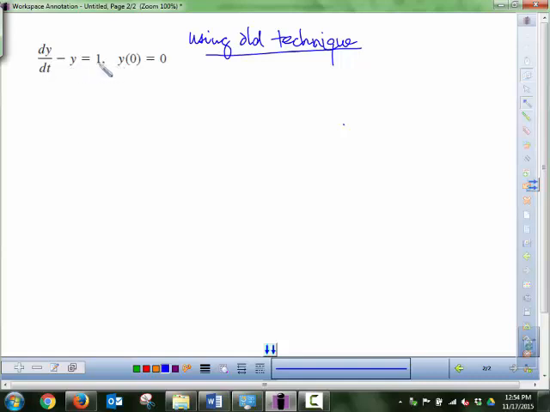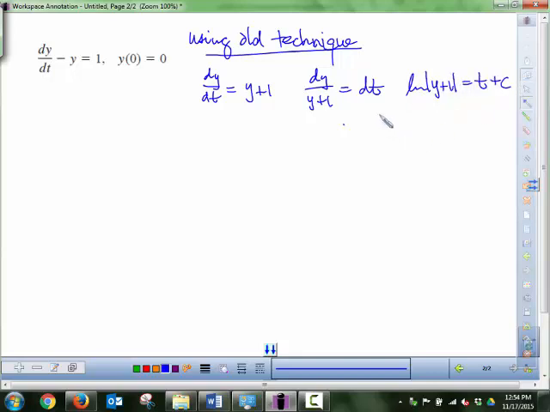I need to bring the y together: dy/dt is equal to y plus 1, and then I can separate it. dy divided by y plus 1 is equal to dt. Then we integrate: ln of y plus 1 is equal to t plus c.